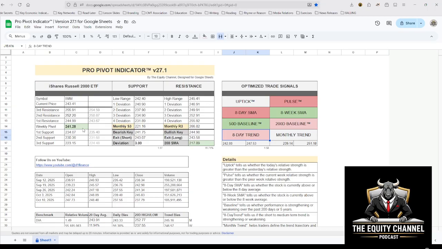First things first, as you can see, this is green right now. This means I'm above my weekly pivot. Okay. What I want to be is red below my weekly pivot if I have an 8-day trend that's in red. And what would be helpful is if I was to close, boom, below that first support.